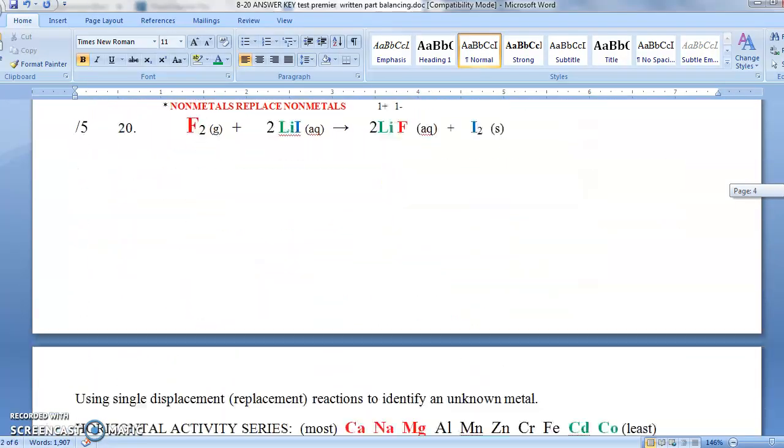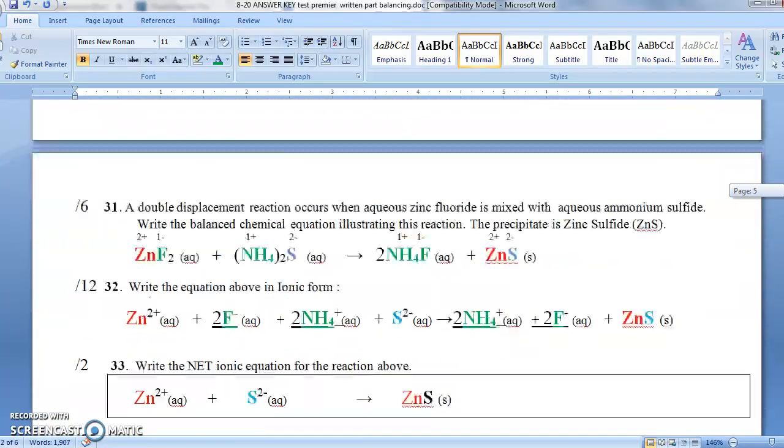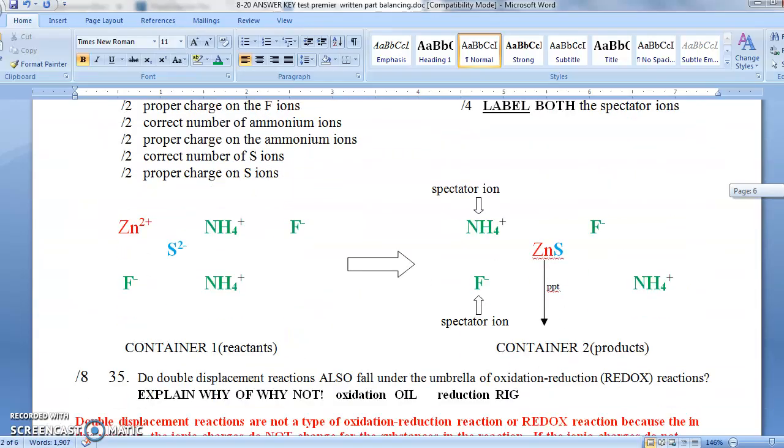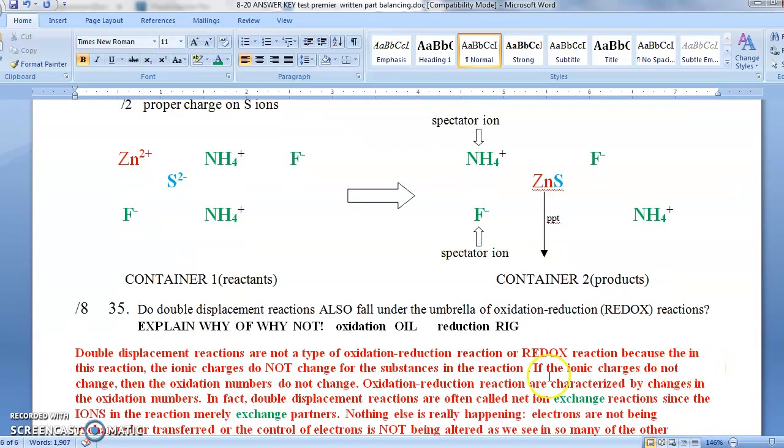When we look at this double displacement reaction, nobody's charges changed. Nobody gained or lost control of electrons. All that happened is zinc was 2 plus. It grabbed onto the sulfur, which is 2 minus. That big 2 plus and 2 minus charge pulled together and could no longer be pulled apart.